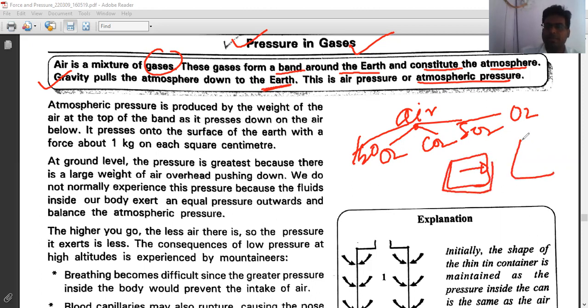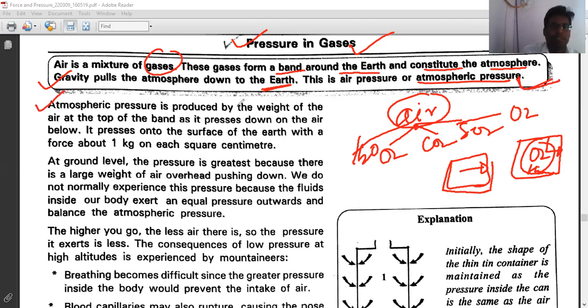Suppose this is the container in which I am taking O2 and H2. The mixture of these gases will exert pressure on the right, left, up, and down of this container, right? That is called pressure exerted by the gas. Or when air in the atmosphere exerts pressure on the human body or any substance, that is called atmospheric pressure, right?